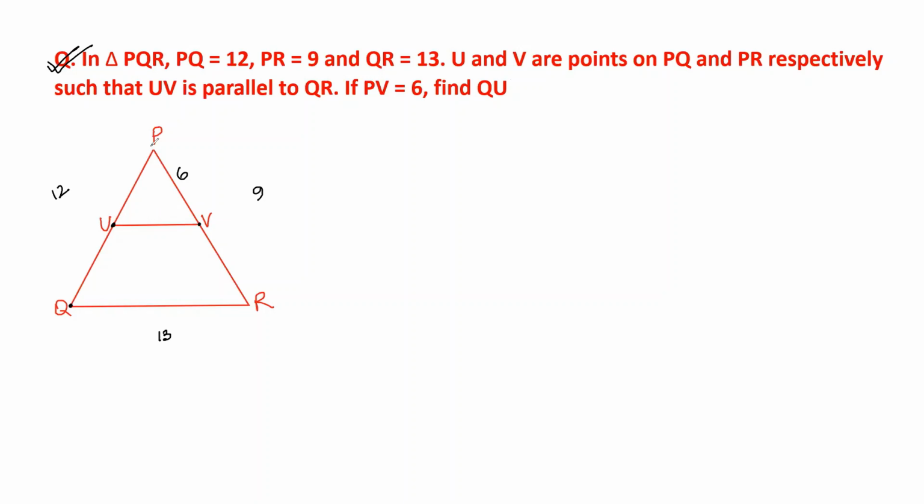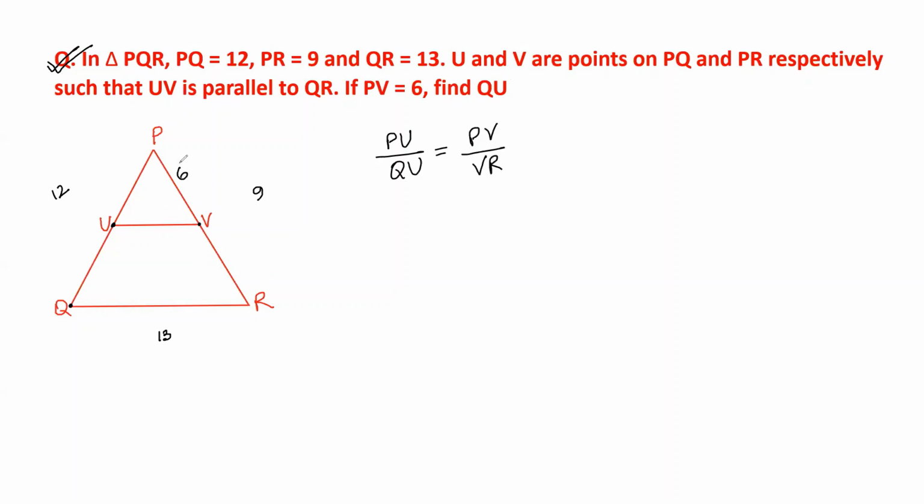Since U is a point on the side PQ and V is a point on the side PR and the line segment UV is parallel to QR, the points U and V will divide the sides PQ and PR in the same ratio simply using the basic proportionality theorem. So the ratio PU upon QU would be same as PV upon VR.